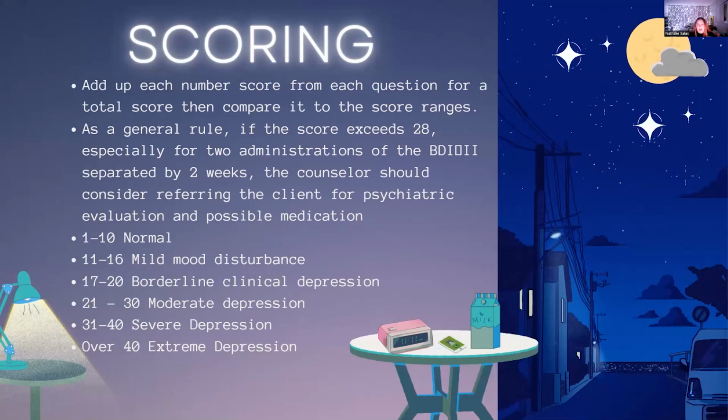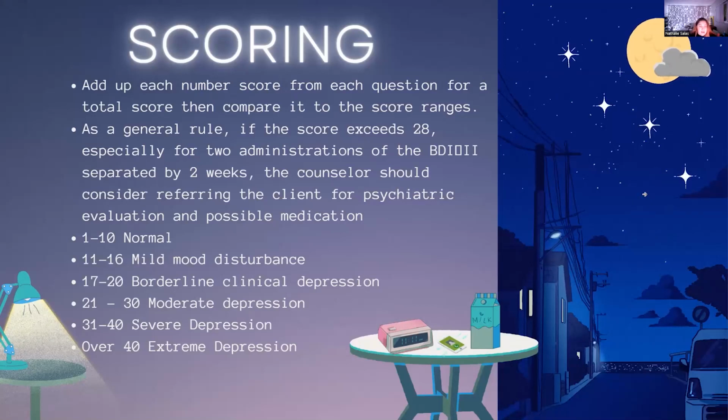If they scored 1, it will be 1. If it was 0, you won't add that number. So for example, if number 1 was a score of 3 and number 2 was a score of 1, the total for those two answers would be 4.